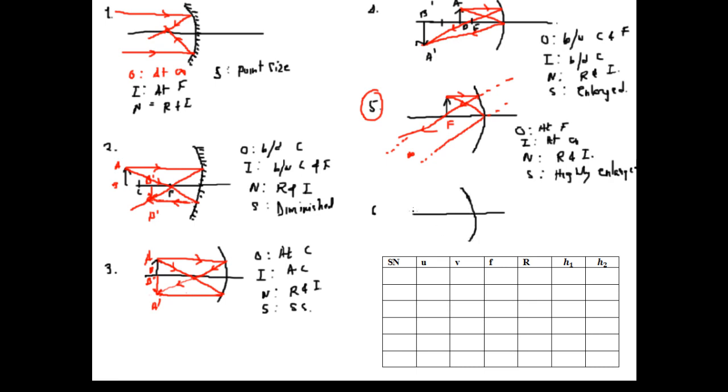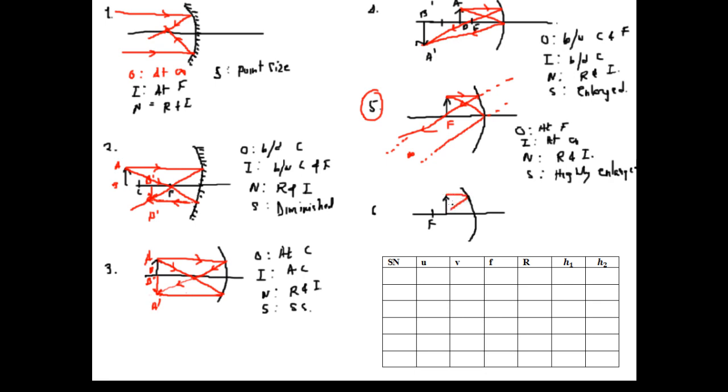So you can see when I place the object between F and pole of the mirror, we find an erect and virtual image behind the mirror. So again, this is a very important one. So the object is where?